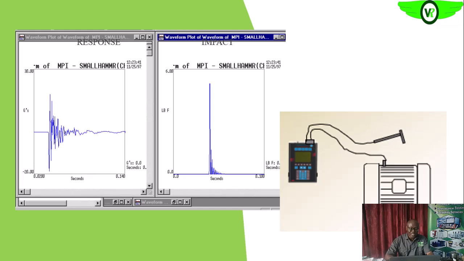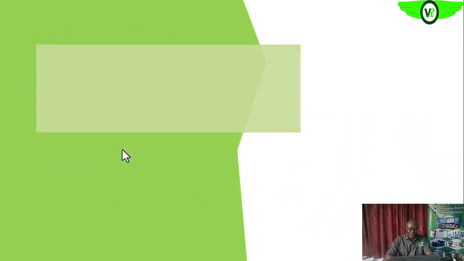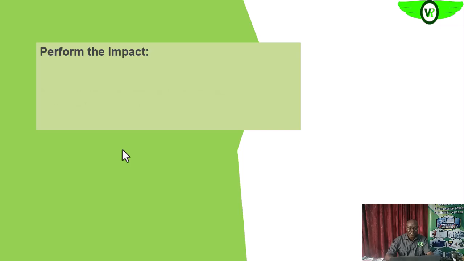So this is an example of the response and the impact. This is the impact and this is the response. So you analyze that information to confirm that what you are looking at is resonance.